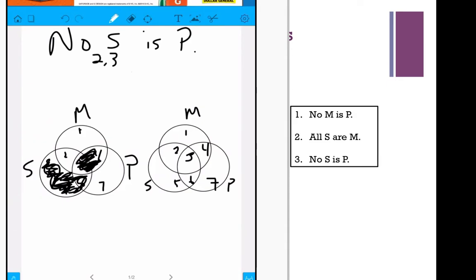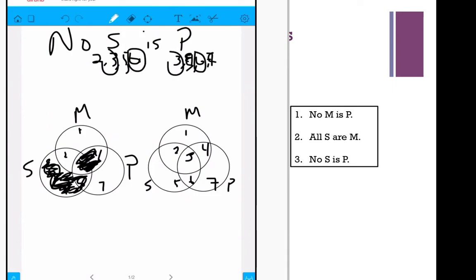And P is 3, 4, 6, and 7. We circle the regions of overlap, which is going to be 3 and 6. And then we can scribble these out. And we're saying no to 3 and 6. So we're going to shade in 3 here, and we're going to shade in 6 here.